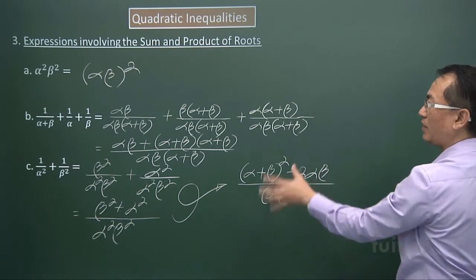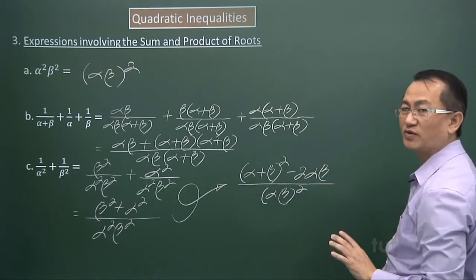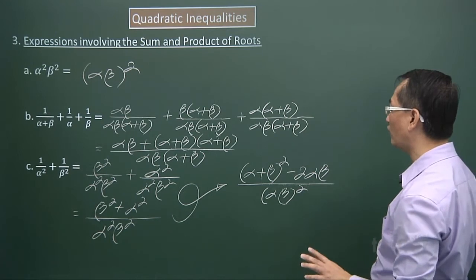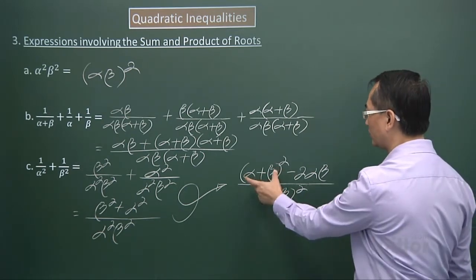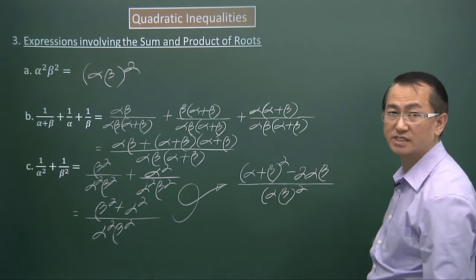So for the three parts here, the expressions eventually involve only the sum of two roots and the product of two roots.